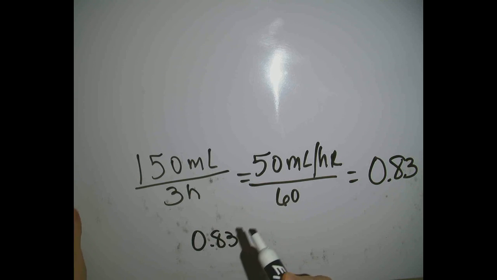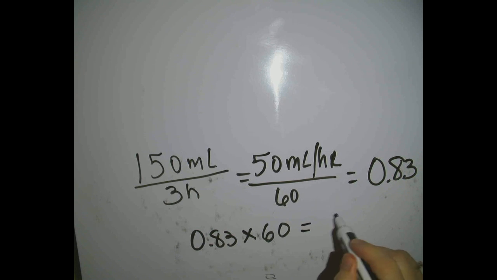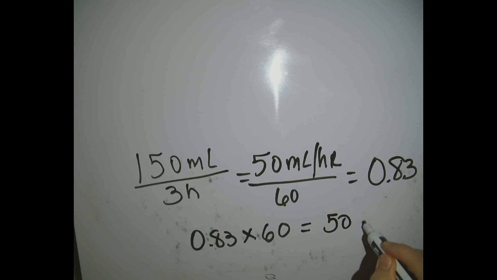And this time we are using the micro drip tubing, which delivers 60 drops per milliliter. So we multiply our number by 60 to determine that there are 50 drops per minute.